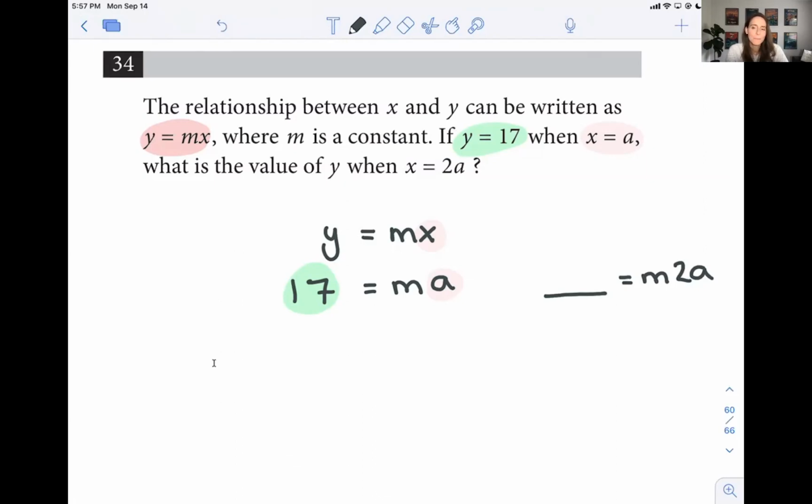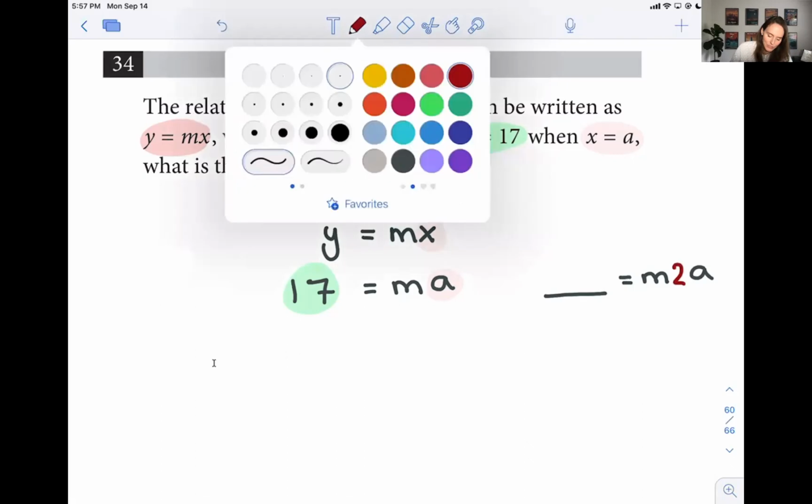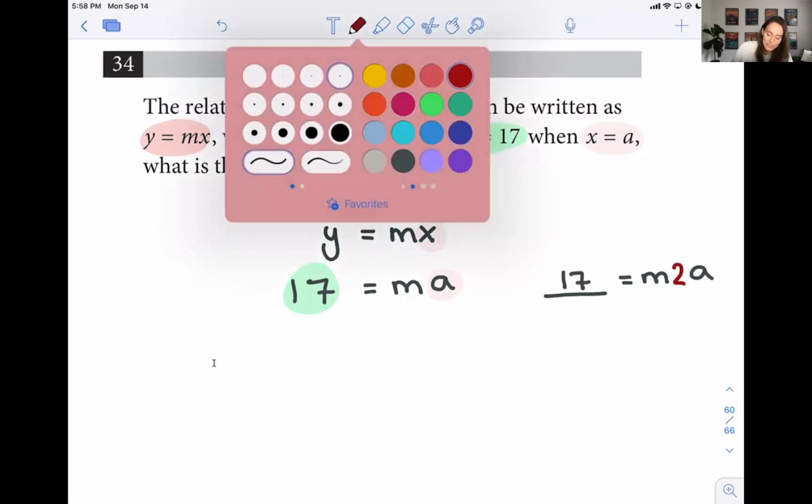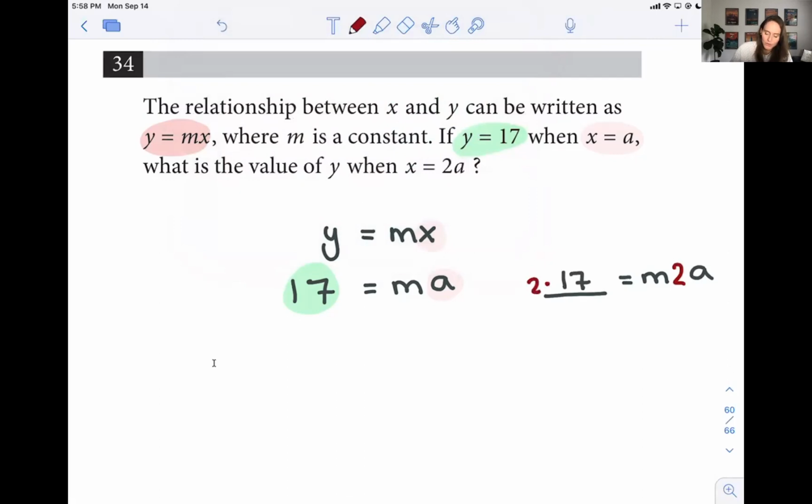If I multiply my a by 2, think about it. I'm going to make my a a nice bright red here so you can clearly see it. If I multiply that by 2, I have to multiply the 17 by 2 also. I have to do the same thing to both sides.